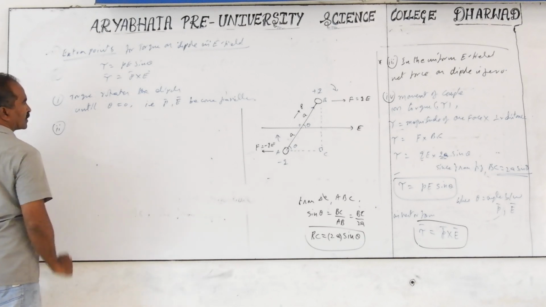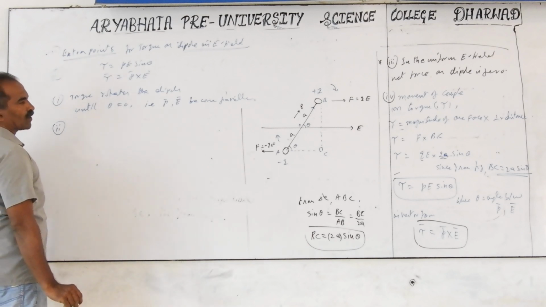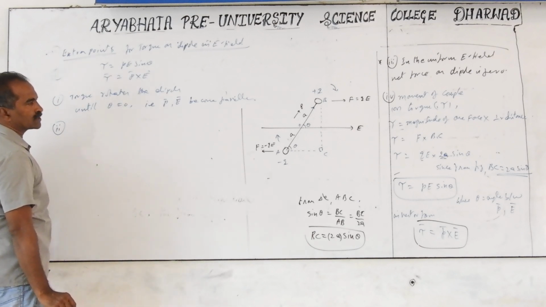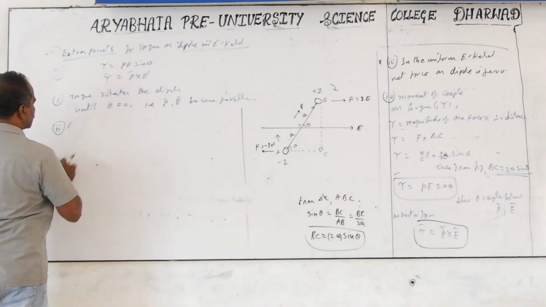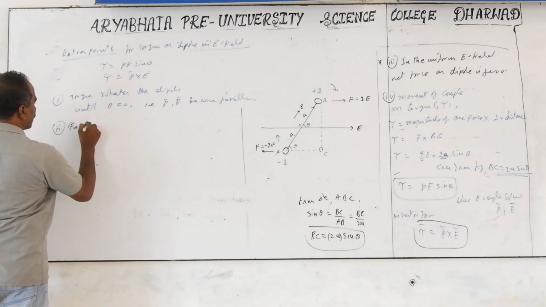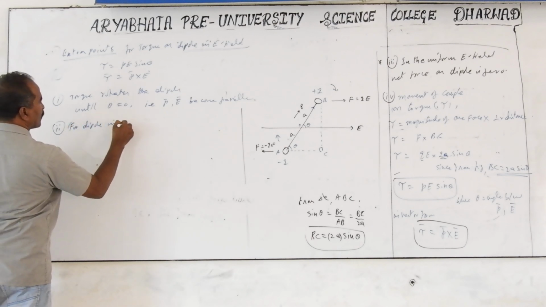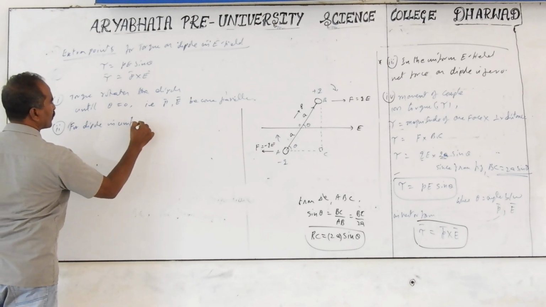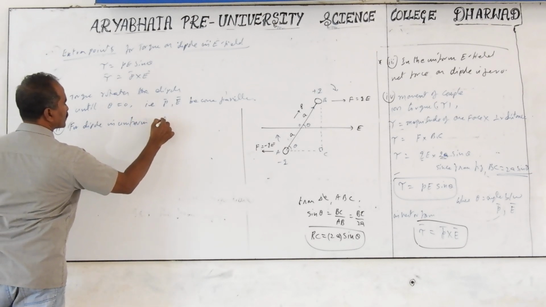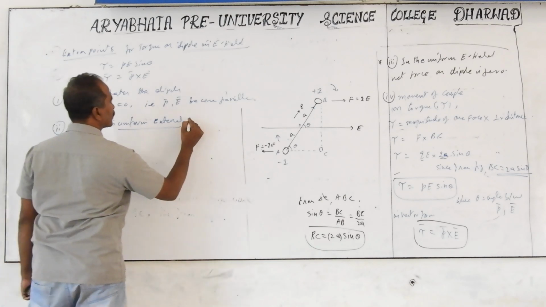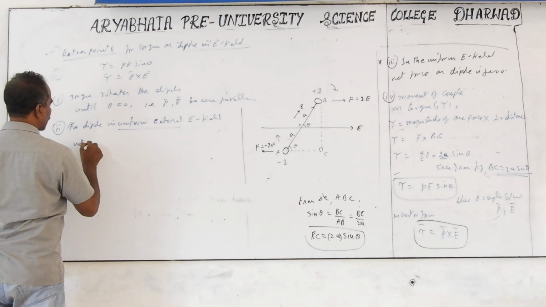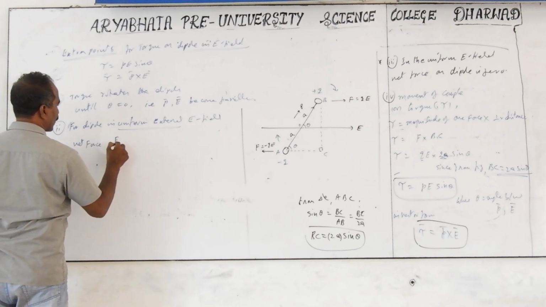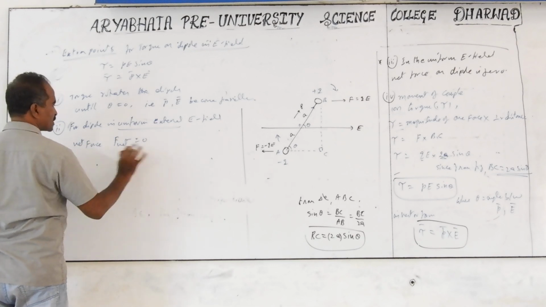Second case. In the uniform field, torque is not 0 when theta is not 0, but net force is 0. For a dipole in a uniform external electric field, net force is 0.